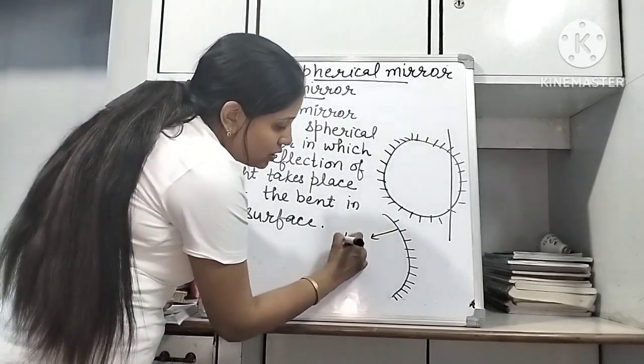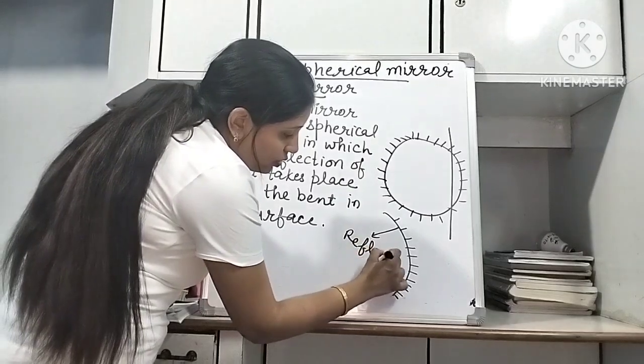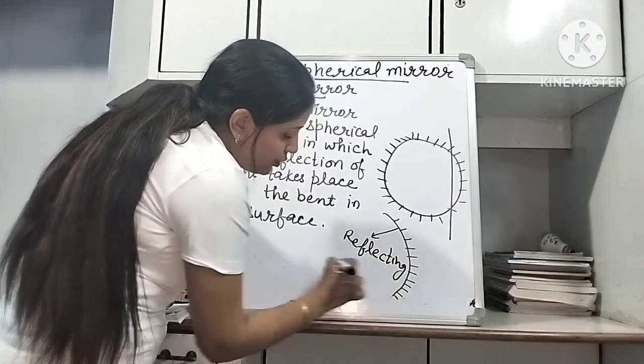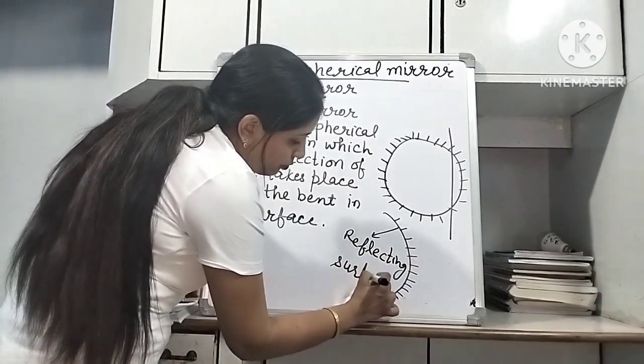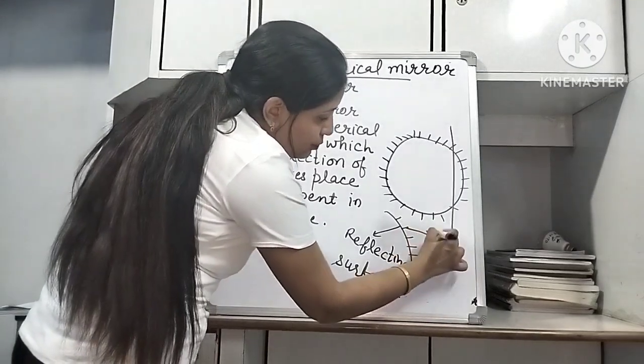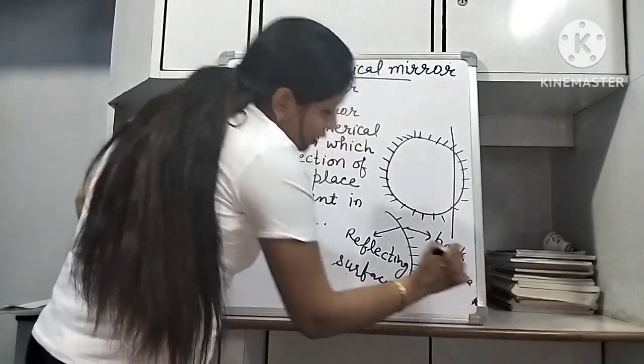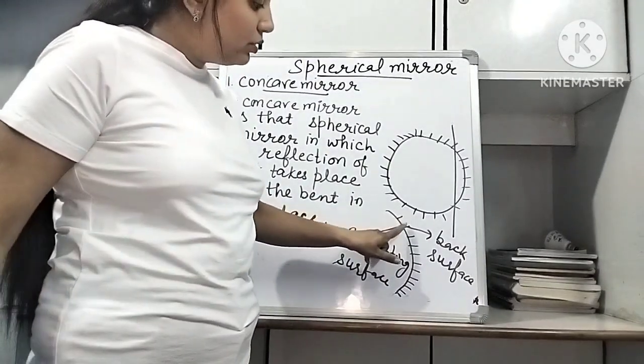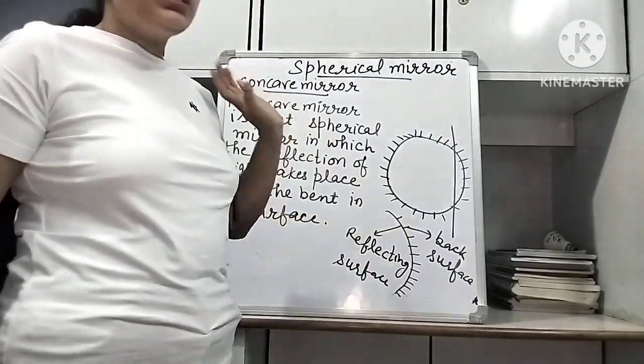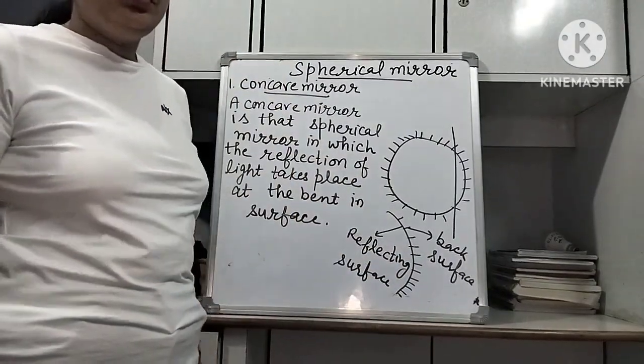This surface is the reflecting surface and this surface is the back surface. And this mirror is known as a concave mirror.